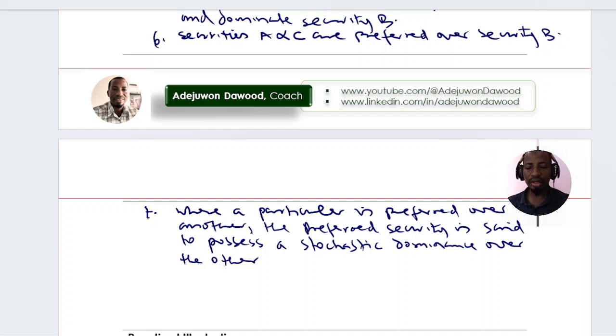So which means that security A and C possess a stochastic dominance over security B.